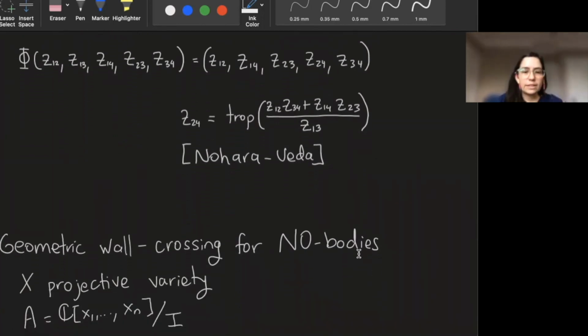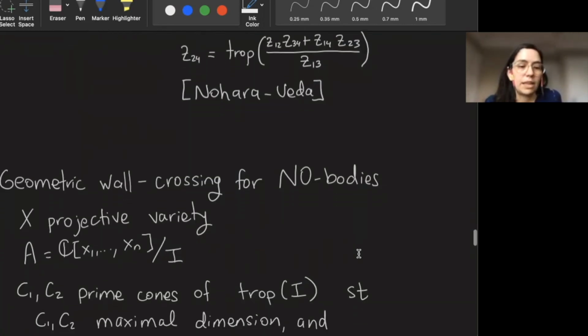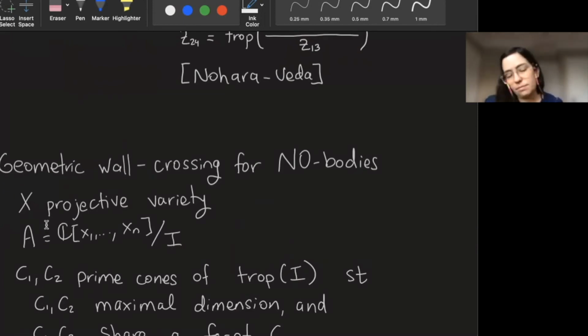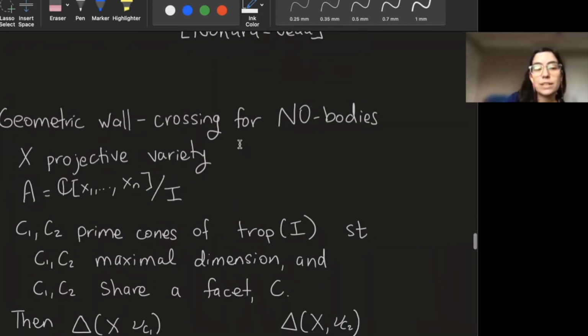So now I can tell you about the geometric wall crossing for Newton-Okounkov bodies that Megumi and I gave. So again, to emphasize that this is in a very general setting, if you have a projective variety X and you take A, its coordinate ring, I'm gonna pick a presentation.